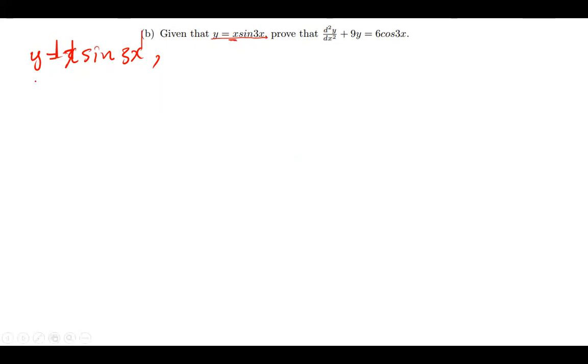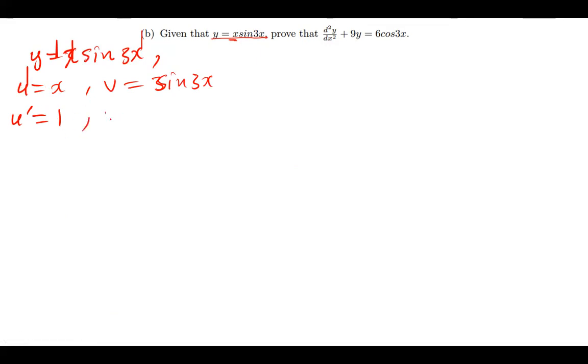According to the product rule, we have to find which one is u and which one is v. Our u is going to be equal to x, and our v will be sine 3x. So u prime, which is du dx, is simply 1.